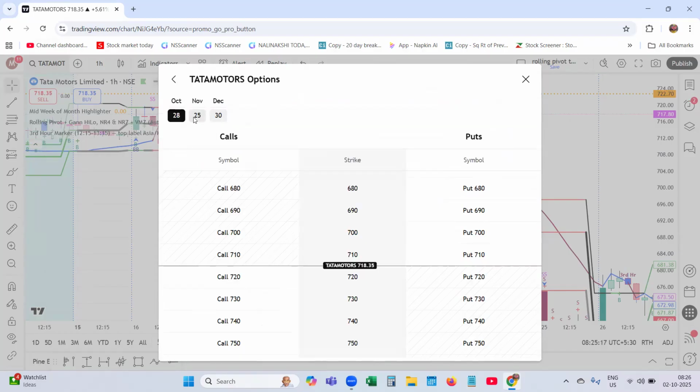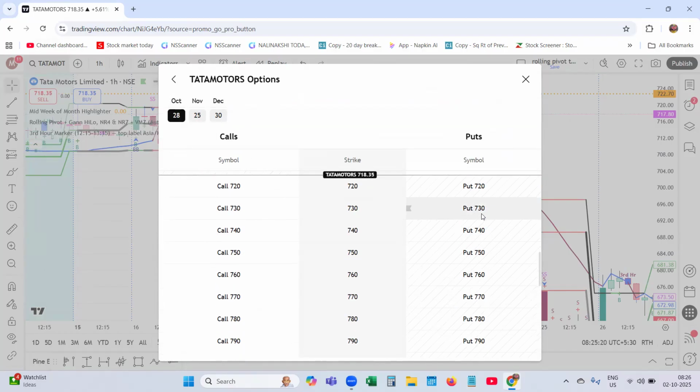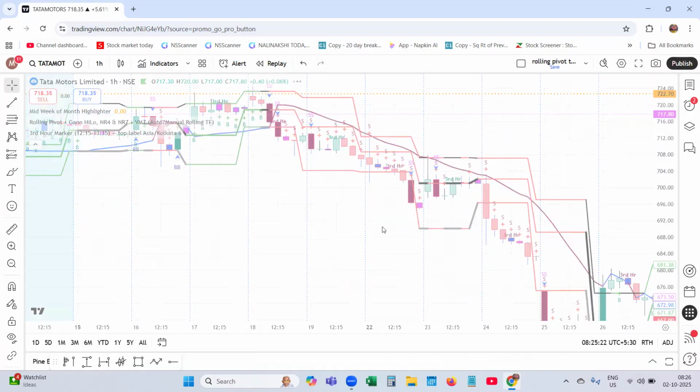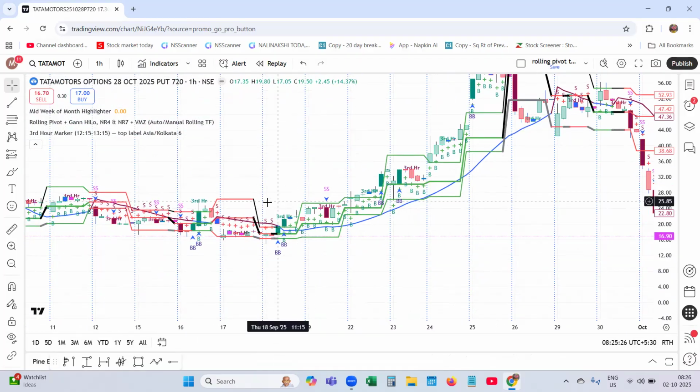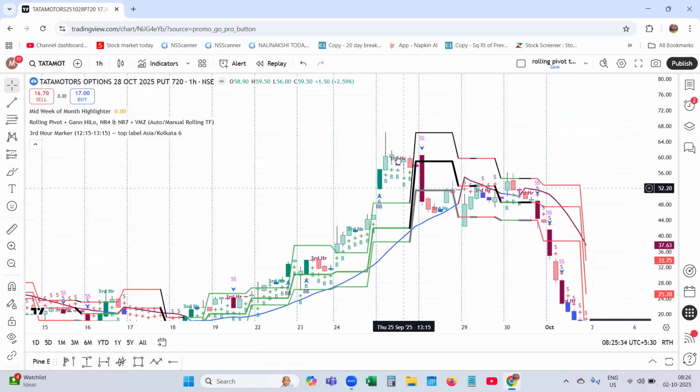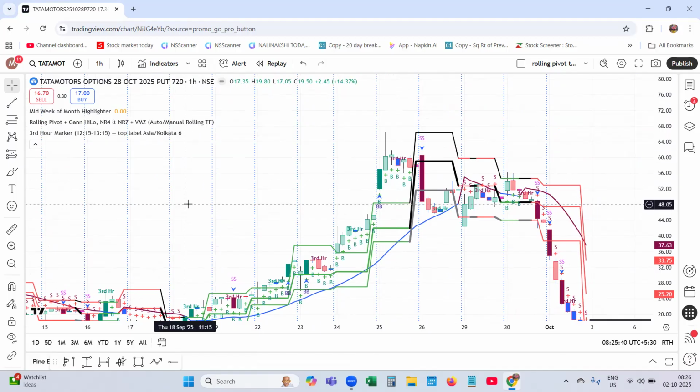The 720 put on the 18th was trading around 16 rupees. See here the beauty of this indicator: it went up to 60 rupees. This is 800 rupees per lot. Let me take the calculator.